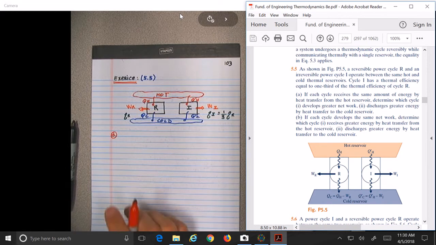So A, if each cycle receives the same amount of energy by heat transfer from the hot reservoir, determine which cycle develops greater work.